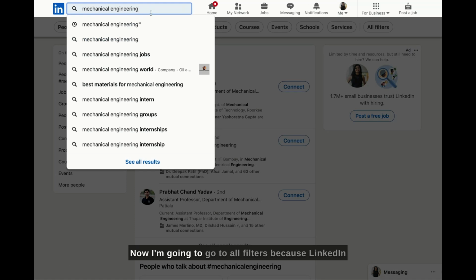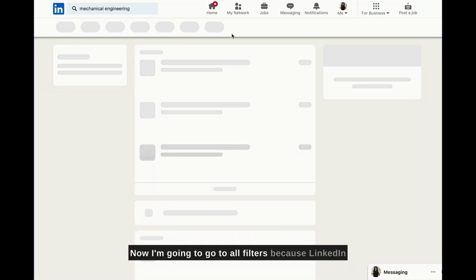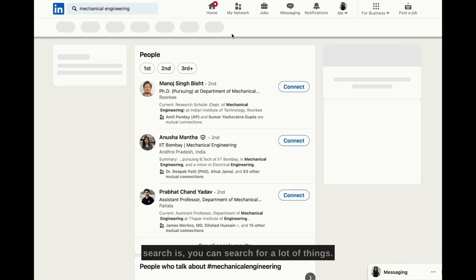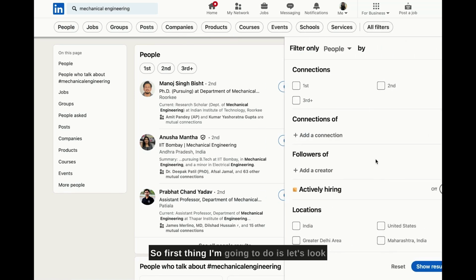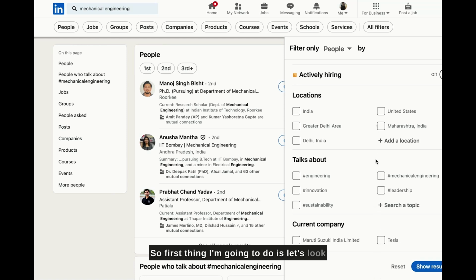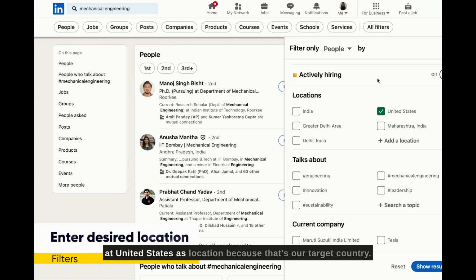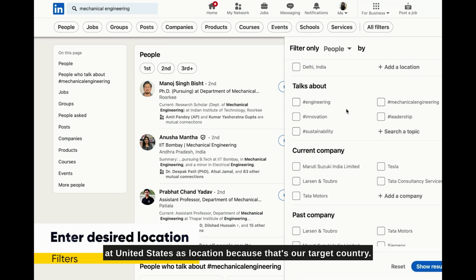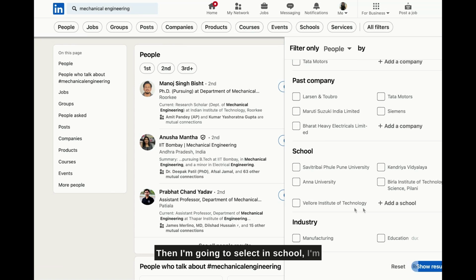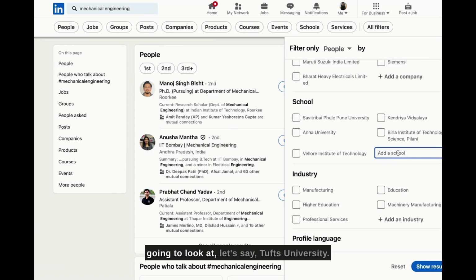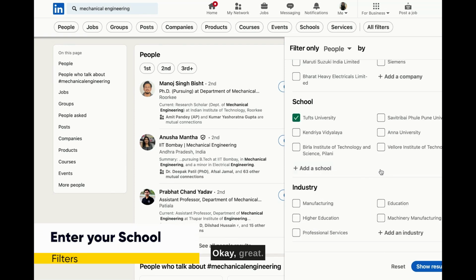Now I'm going to go to all filters, because with LinkedIn search you can search for a lot of things. So first thing I'm going to do is, let's look at United States as location, because that's our target country. Then I'm going to select in school. I'm going to look at, let's say, Tufts University. Okay, great.